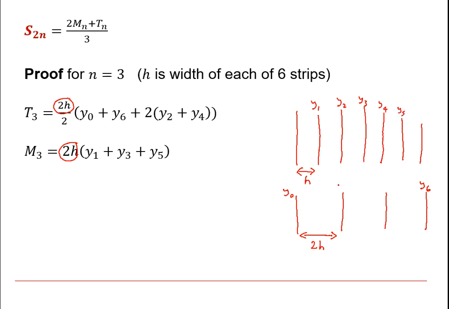So for the trapezium rule we're picking up y2 and y4 as the intermediate ones, and then for the midpoint rule we're going to want the ones that are the midpoints of the strips, so they're going to be y1, y3 and y5.